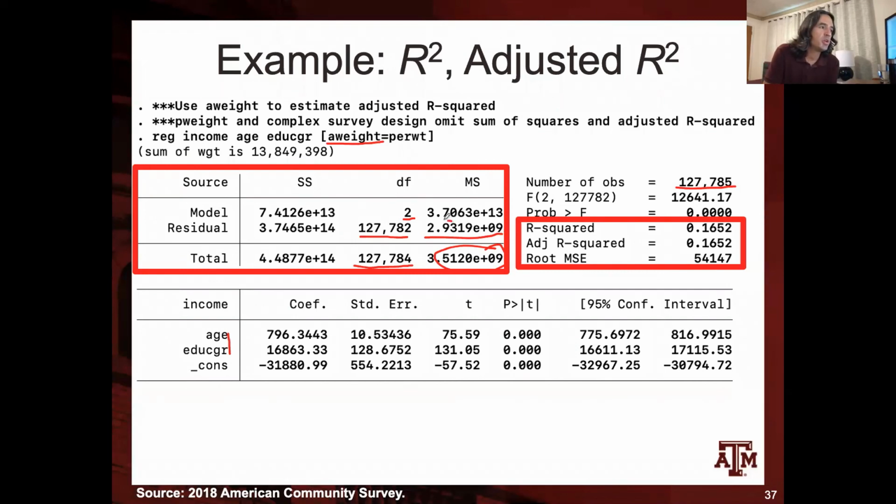And the square root of this number is this number here. We usually don't interpret much this table in our regressions, and we don't interpret this one here. But we usually report the R-square, and we can also report the adjusted R-square if we are comparing different models.